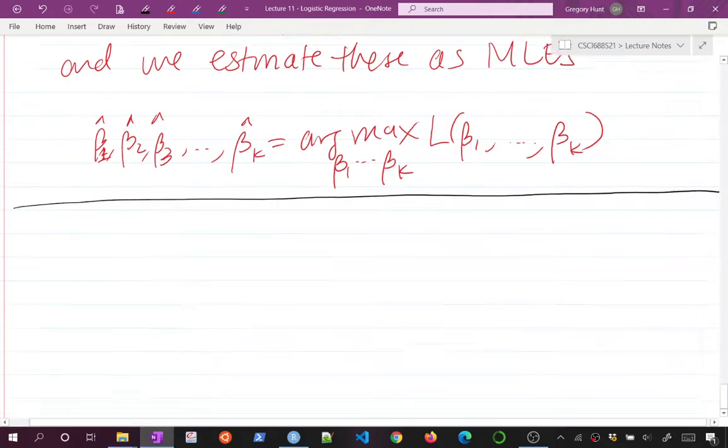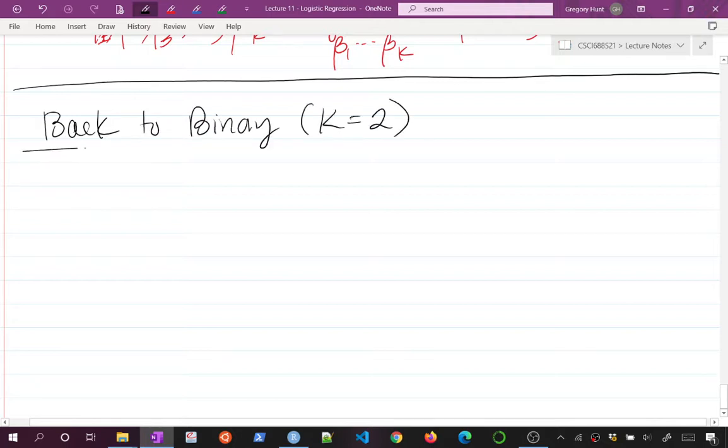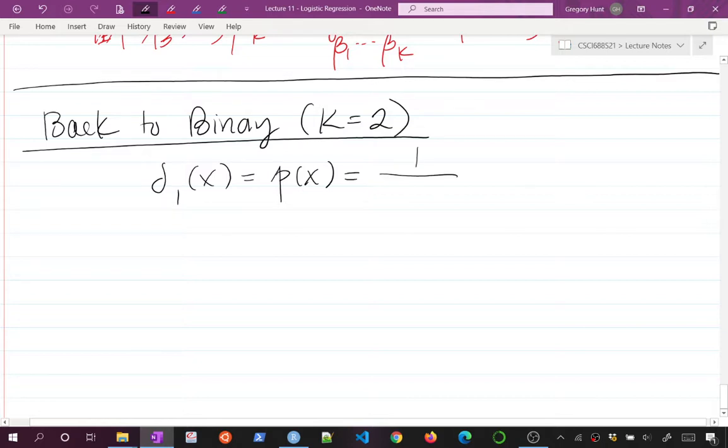Okay. So let's talk about the different classifiers we have at this point. And let's go back to the binary case, where k is equal to 2. My discriminant function, delta 1 of x, which we're just calling p of x, is 1 over 1 plus e to the negative beta transpose x.